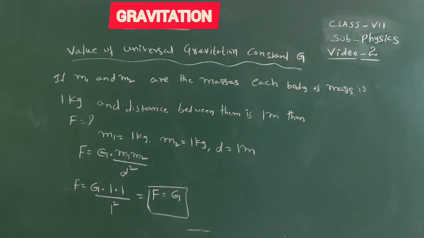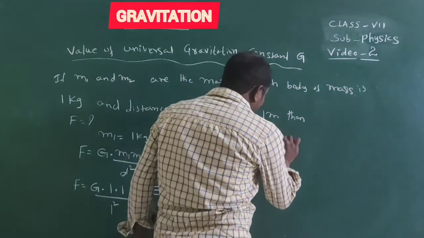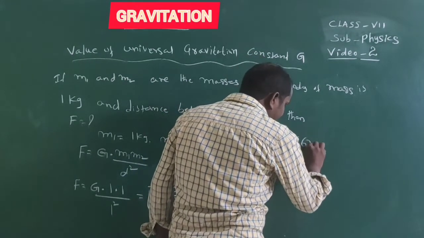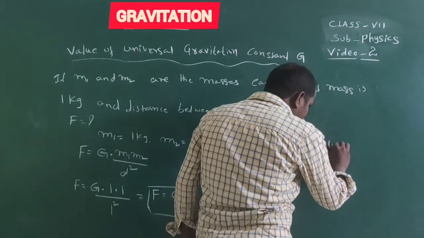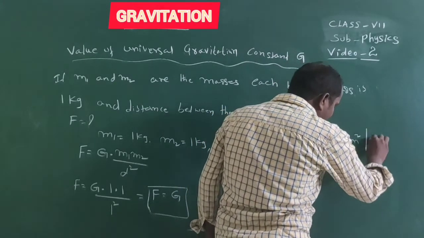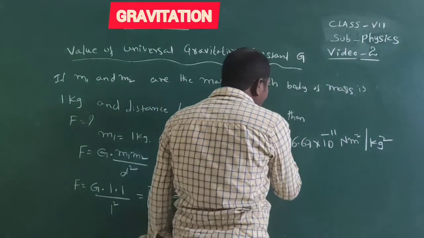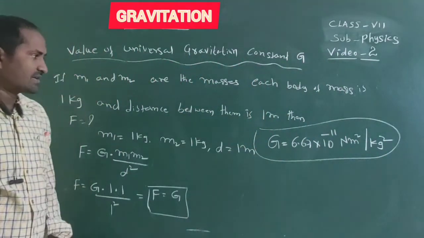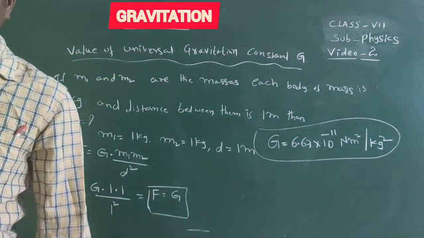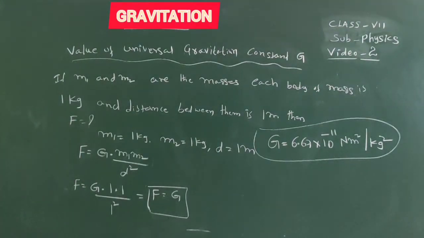Then F equals G. The gravitational constant value is G equal to 6.67 into 10 power minus 11 Newton meter square by kg square. It is a constant.